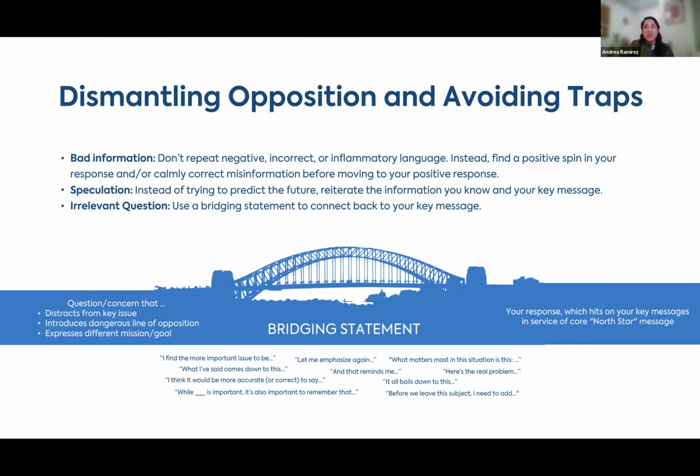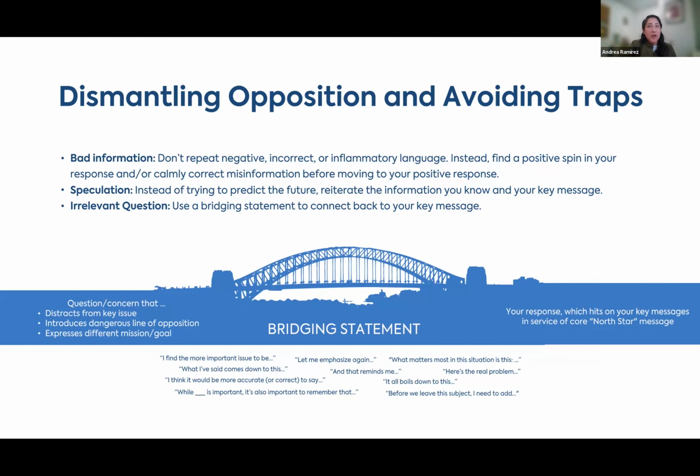And these slides are just a way to respond to criticism and focus attention back to your main message. There are three types of criticism you might face: bad information, speculation, and irrelevant questions that might be thrown your way to knock you off of what you're there to relay as your core message.